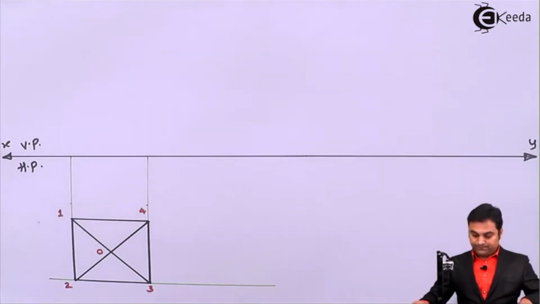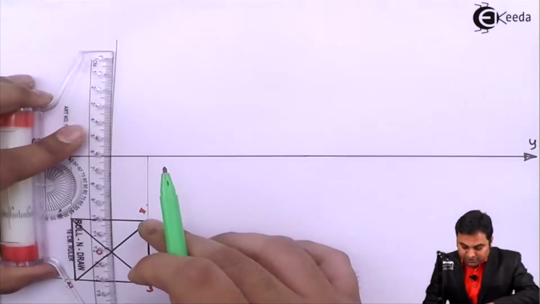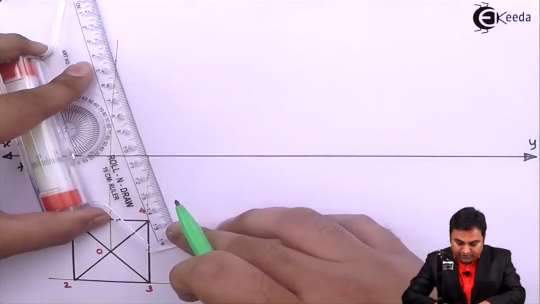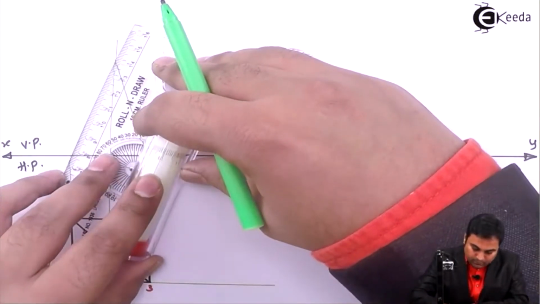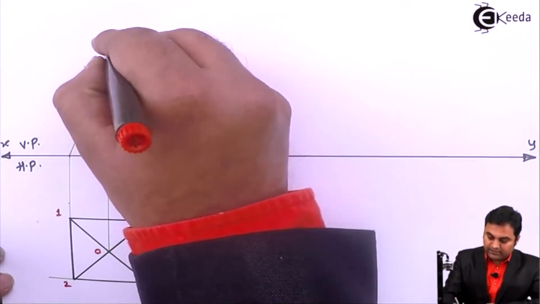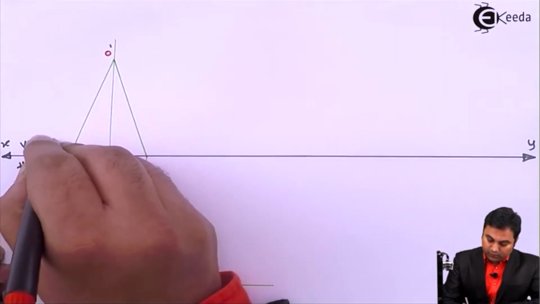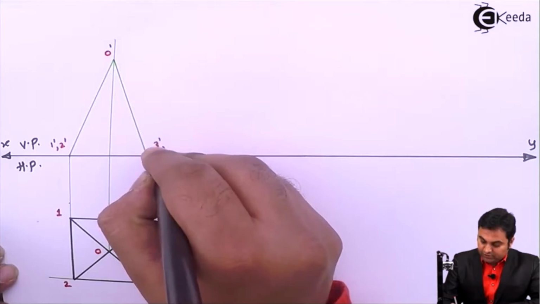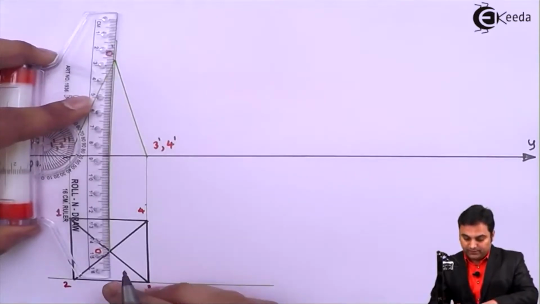So I'll project it, marking 60 over it, and joining the slant edges. So here the apex is projected as O dash in the front view, and here we have 1 dash comma 2 dash, that is the edge, and it is 3 dash comma 4 dash here, making this dark and drawing the axis as well.